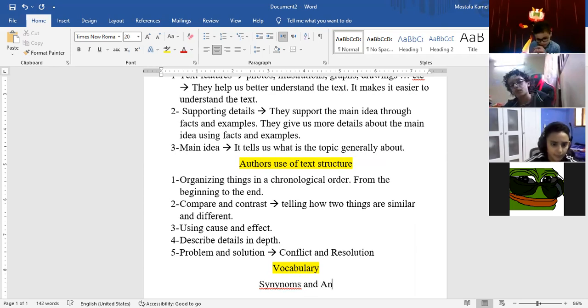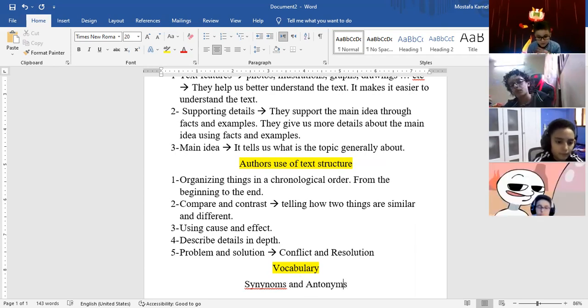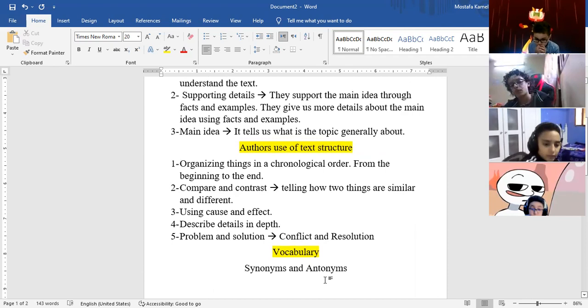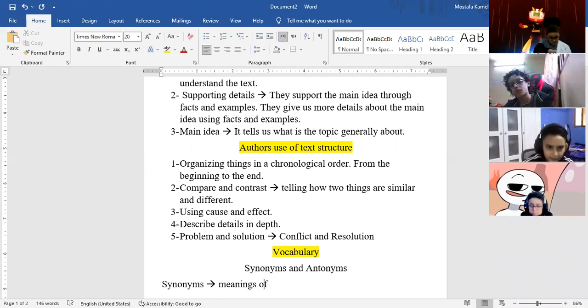I say the synonyms and antonyms. What is the meaning of synonyms and what is the meaning of antonyms? Synonyms is describing the word, the meaning of the word.